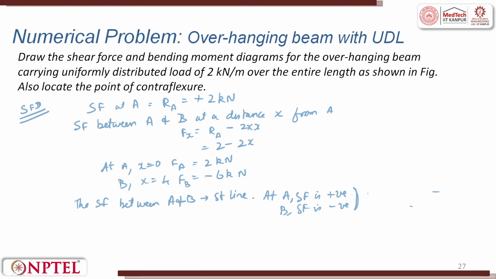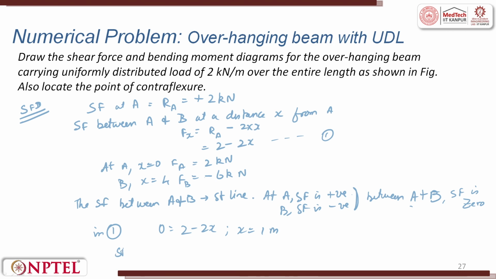So, between A and B, somewhere the SF is 0. So, this is equation 1. When you substitute Fx equal to 0 in equation 1, 0 is equal to 2 minus 2x, in which x is equal to 1 meter, where SF is 0.